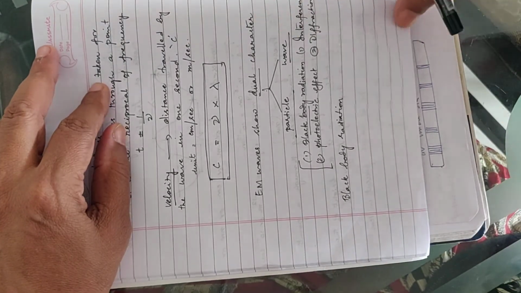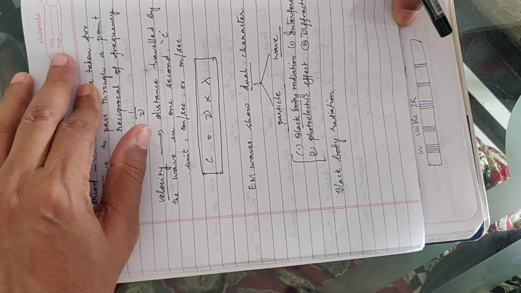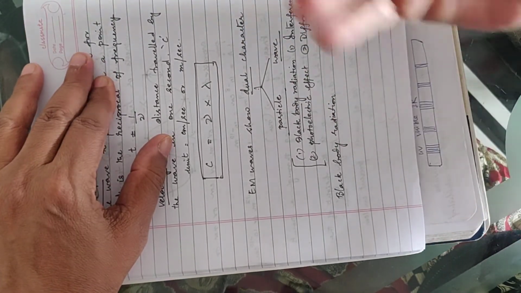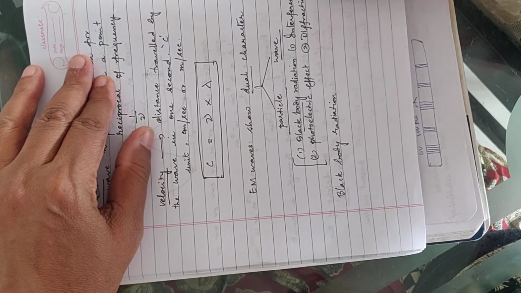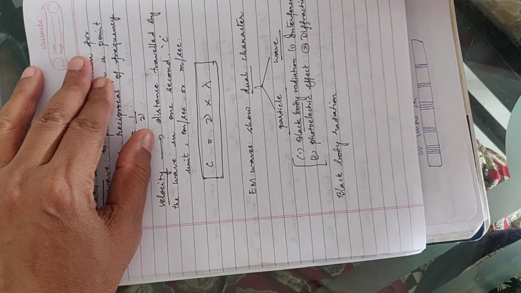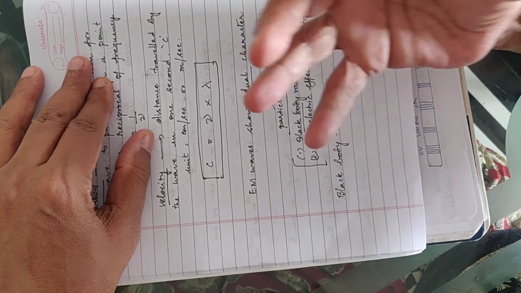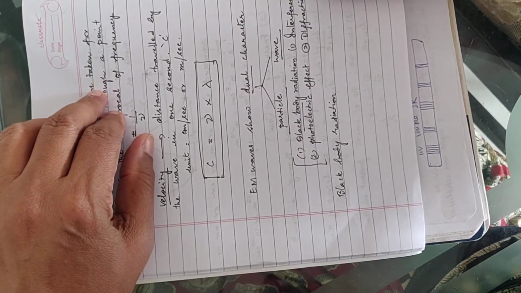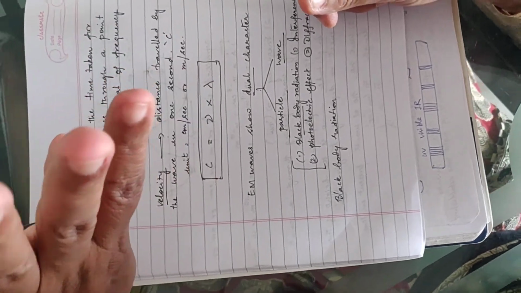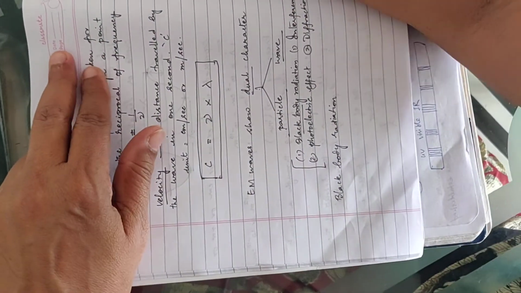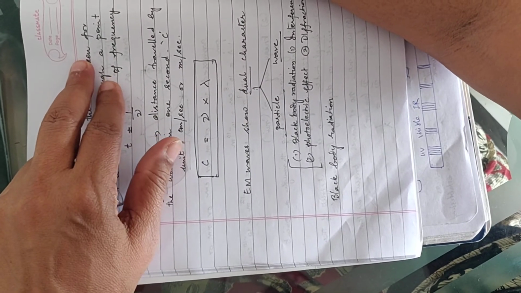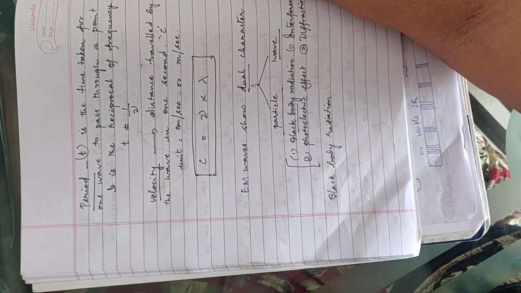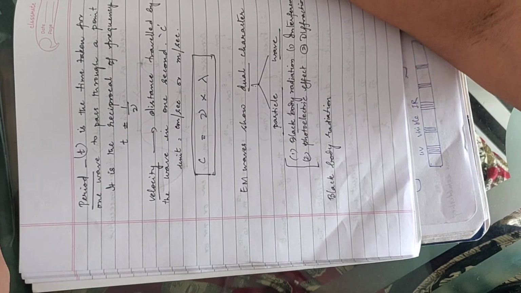The radiation emitted is called black body radiation. That is, the energy emitted by a black body is called black body radiation. So this much if you understand, that is good. So the nature of emission of radiation from hot bodies is what is called black body radiation.